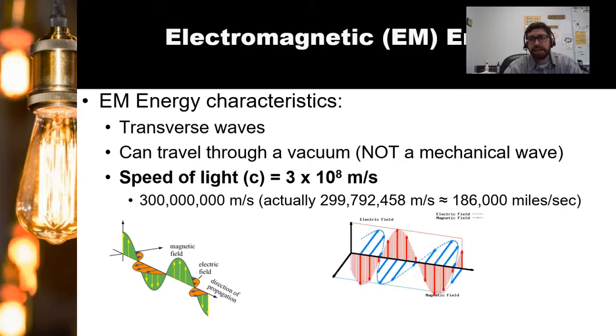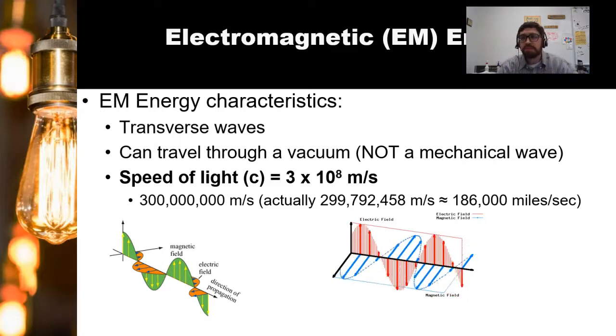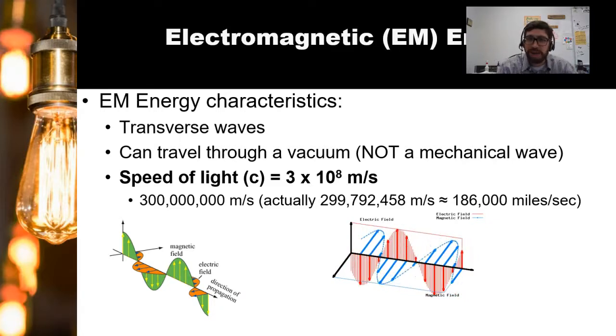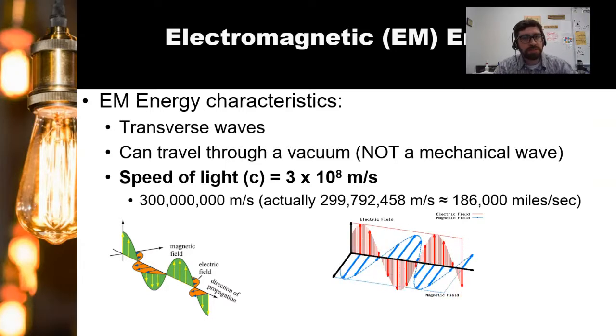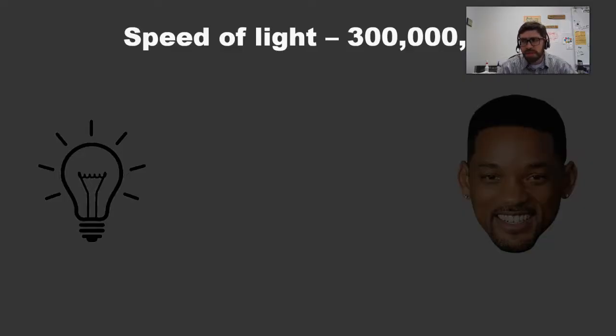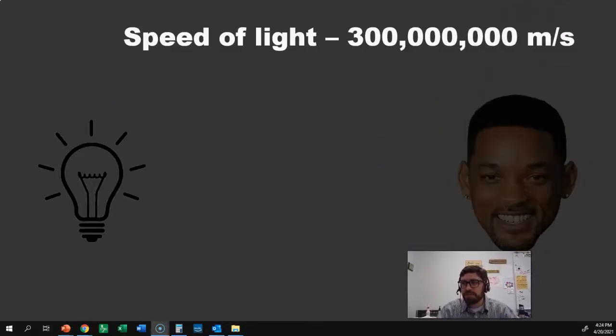It's actually 299,792,458 meters per second. That's about 186,000 miles per second. So the speed of light is a really interesting thing. It's one of my favorite things to talk about in this class. So as far as the speed of light, 300 million meters per second, as you can see.